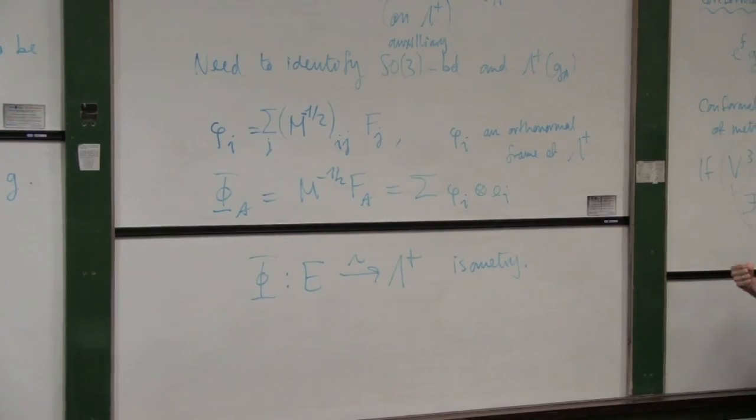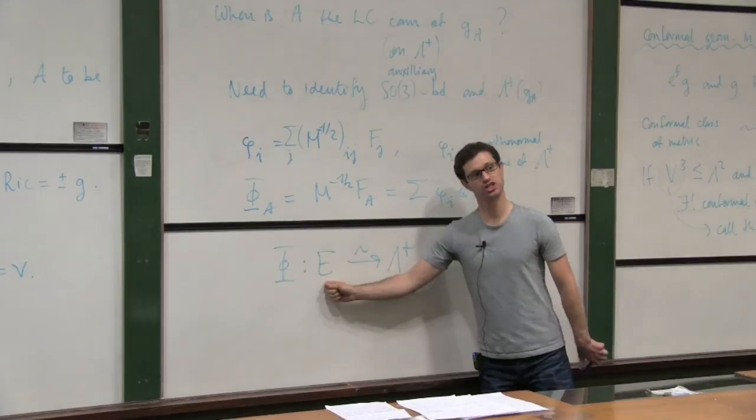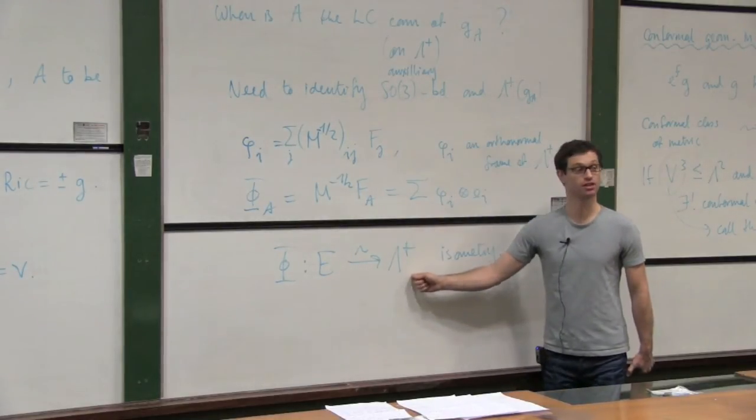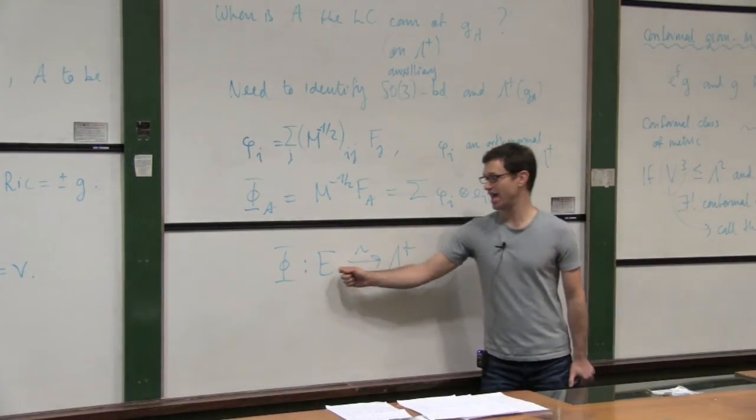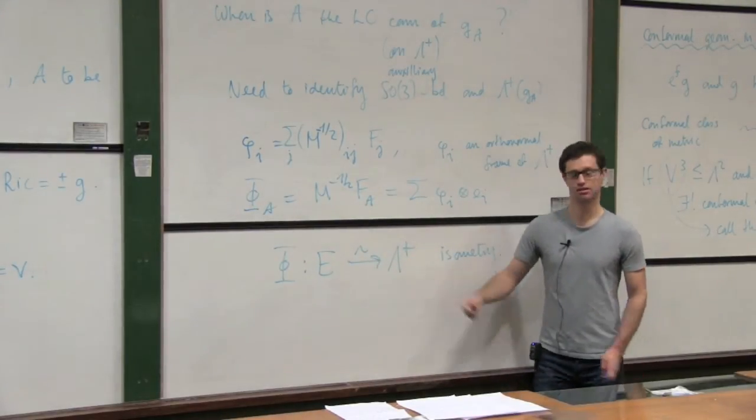So now I really can compare A, which is a connection on the bundle I first thought of, with the Levi-Civita connection of its metric, which is a connection on here. Okay? So I push A forward using phi, and I'll get a metric connection over here. Okay?